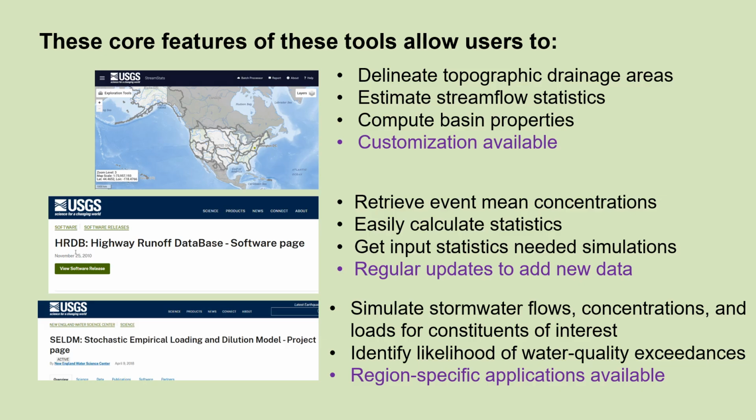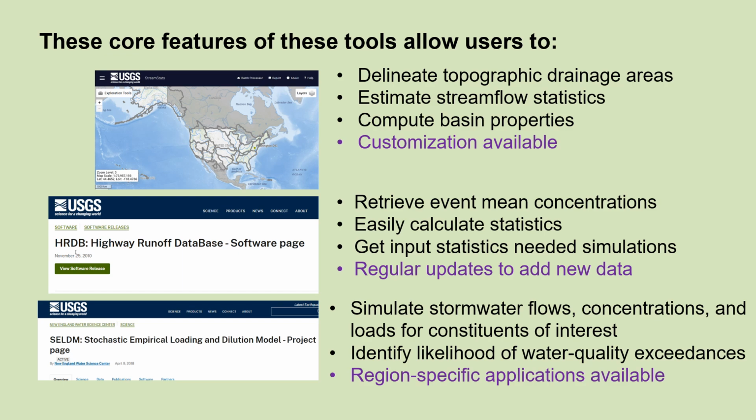The highway runoff database is a data warehouse and preprocessor for the Stochastic Empirical Loading and Dilution Model. It's used to retrieve event mean concentrations of highway runoff. It can be used to calculate statistics easily, and in particular, in its function as a preprocessor, it can be used to get the input statistics needed for water quality simulations.